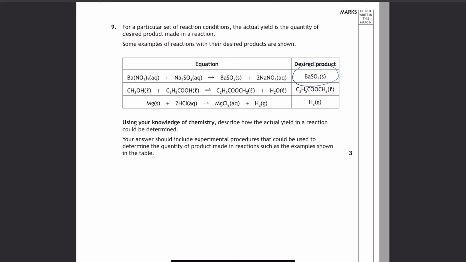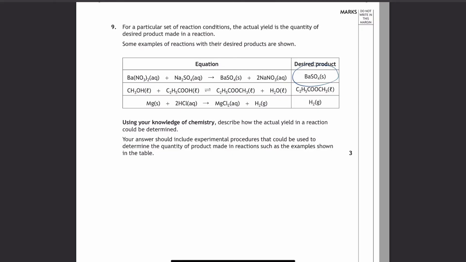And if it's a solid, we would be using the percentage yield equation with a mass, and we would calculate the theoretical yield. So you're essentially wanting to discuss percentage yield calculations here.